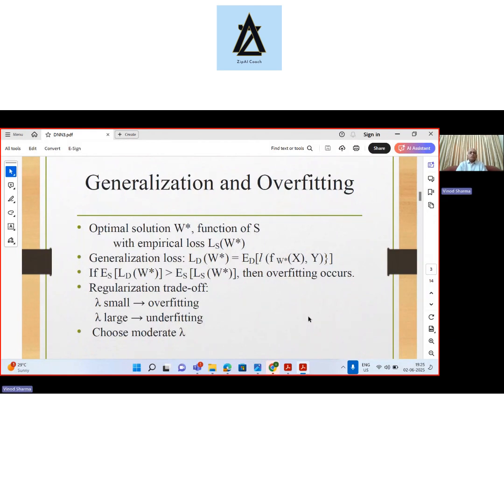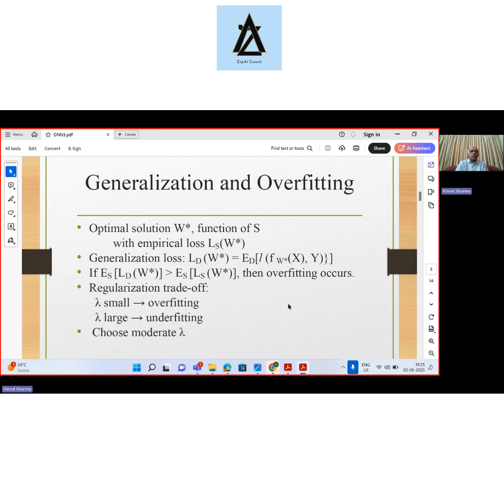Based on solving the above optimization problem, either optimizing the empirical risk or the regularized empirical risk, the optimal solution we denote by W star, which we will find using the algorithms that we are going to discuss in this video.